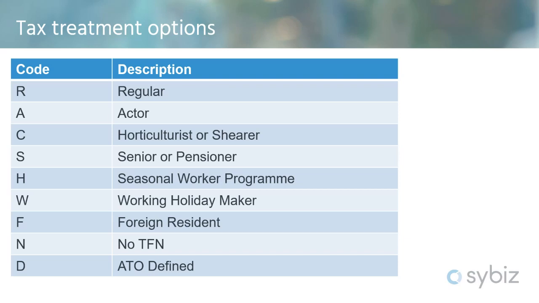The no TFN may be something that comes into play. So if you have a new employee start and they don't supply you with a TFN within the required time frame, then you will need to set them to no TFN. And you may be thinking, okay, well, when that happens, normally we set them to the tax scale 4 or the tax scale 4 non-resident versions. So the ATO should know, but surprisingly, the actual tax scale that's in use doesn't get reported through to the ATO.